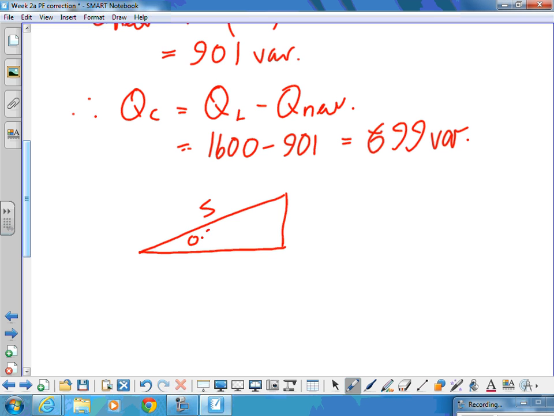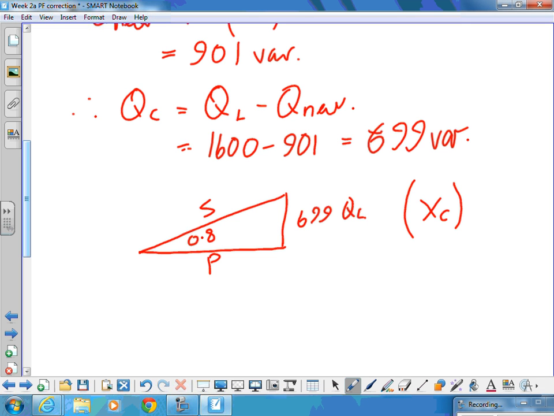This is 0.8 in here, cos theta. This is 699. All we're looking at here is the capacitor. This is QC only. This line down here is the same, power. But we need to find XC.